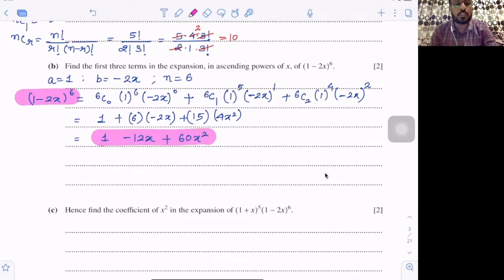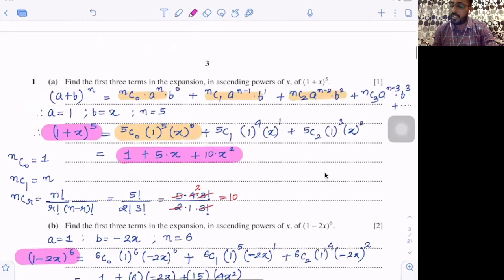with the first three terms. Students, we have deliberately written only the first three terms of the expansion. Otherwise, 1 minus 2x to the power 6 will give us 7 terms in the expansion. Similarly, 1 plus x to the power 5, when expanded, will give you 6 terms.